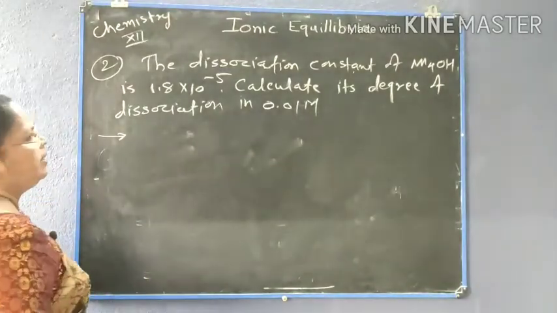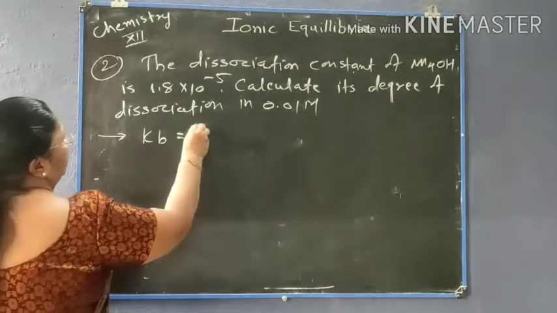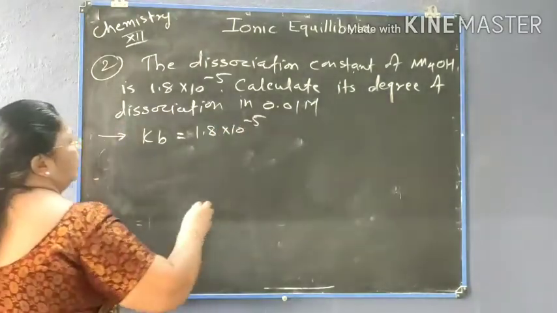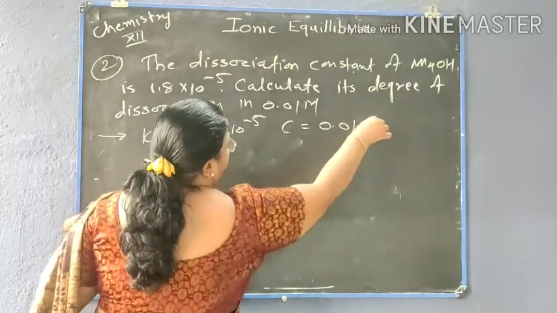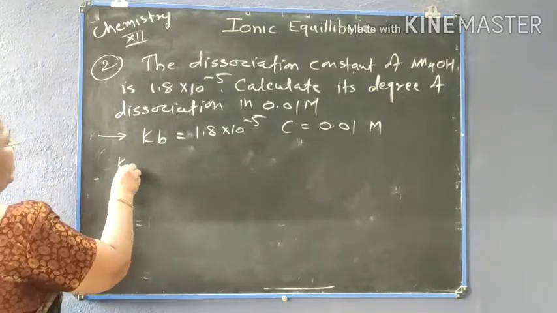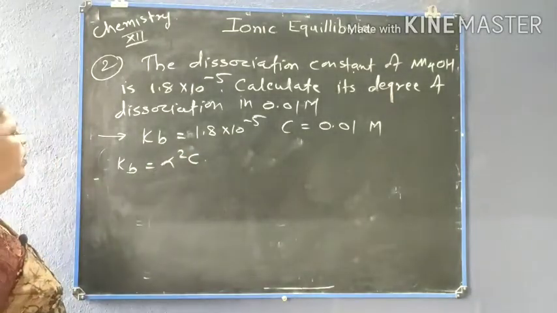Ammonium hydroxide is a weak base, so its dissociation constant is represented by Kb, which is equal to 1.8 into 10 raised to minus 5, and the given concentration is 0.01 molar. Again you know the formula: Kb is equal to alpha square C.